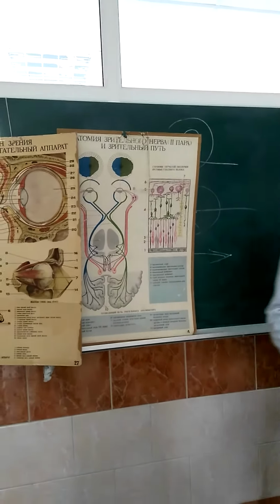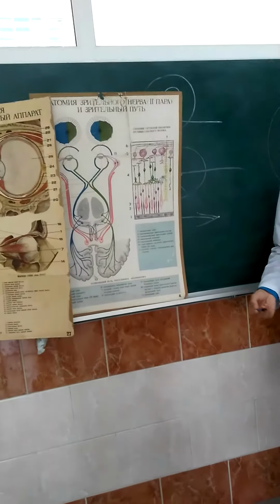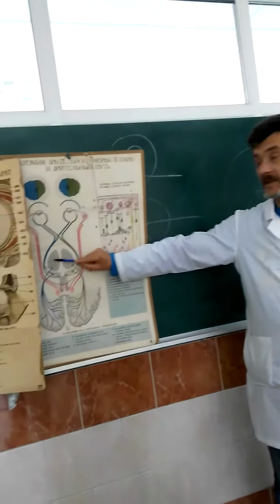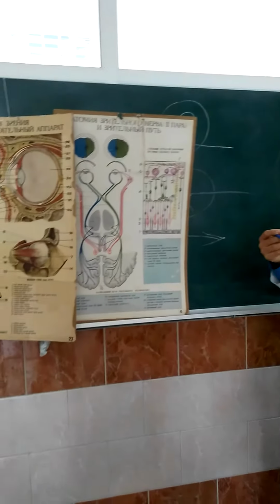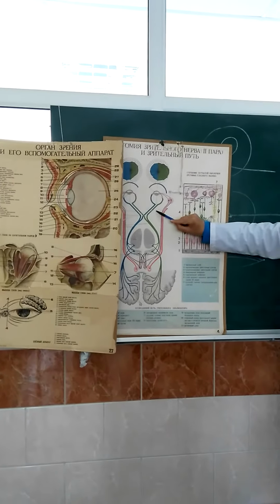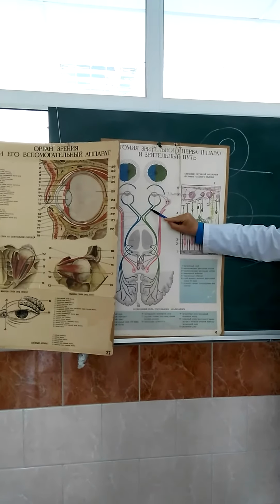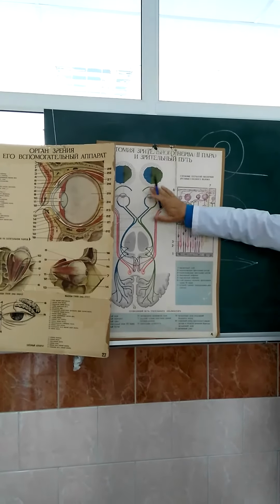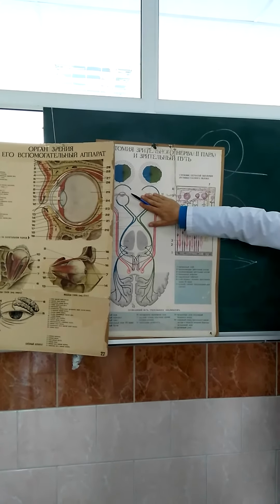What does it mean? It means that in case of destruction of this pathway, you can understand what place of destruction. For example, if they destroyed the nervus opticus, the information will be blocked from the corresponding eyeball.